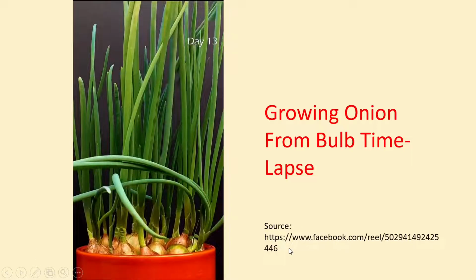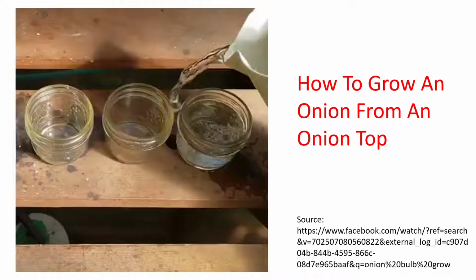You have a lot of onion sprigs. You can actually profit from this by gathering, harvesting this, and then growing them again. So this will be one way of producing new plants from bulbs. Here's another video that will show us how to grow onion from simple onion tops.